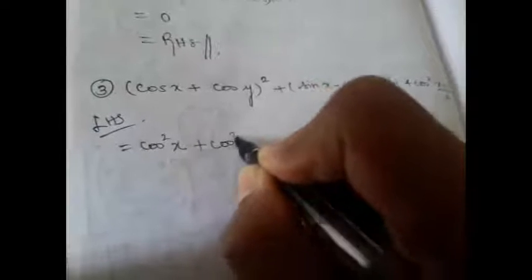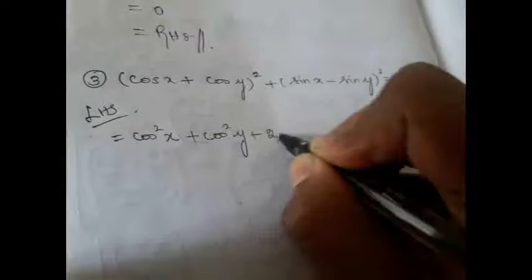Cos x plus cos y the whole square plus sin x minus sin y the whole square, which is equal to 4 cos squared x plus y by 2. Now immediately when you see a plus b the whole square, expand it: cos square x plus cos square y plus 2 cos x cos y.